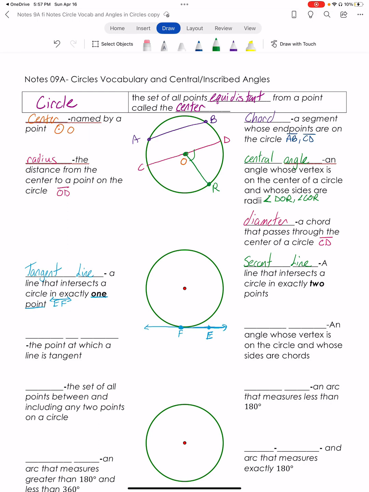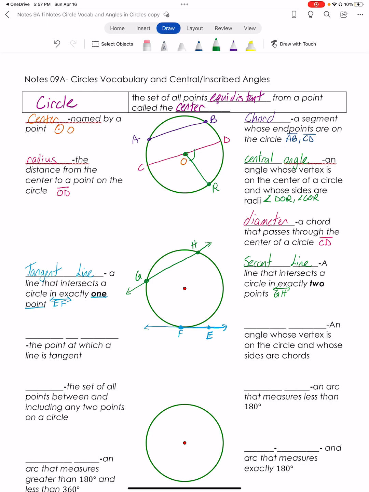So a secant line would be here. All secants contain chords. So for this right here, GH is my secant line, because it goes through the circle.